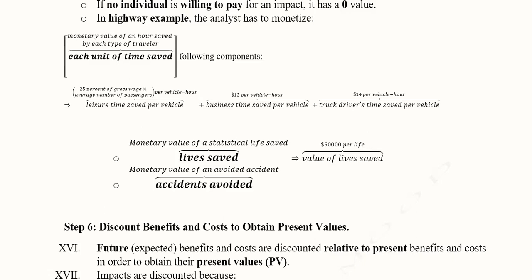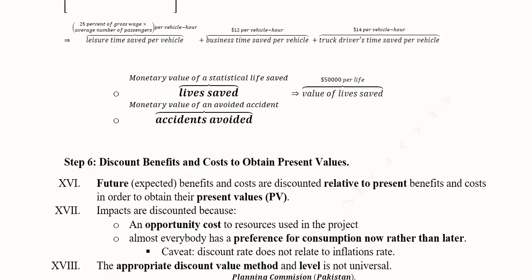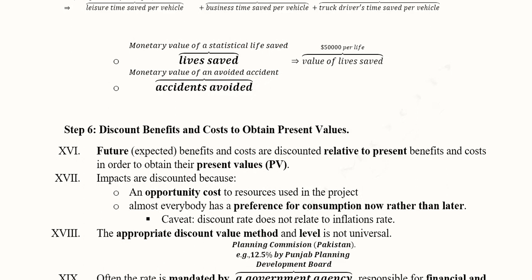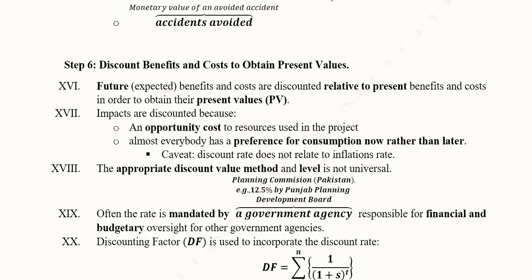Once this cumbersome exercise of quantifying the benefits and the costs and monetizing them is done, then we come to the discounting of the benefits and the costs in order to get the present value. Because the project is in the future, and when we talk about the future, discounting is required because of time preference rate.